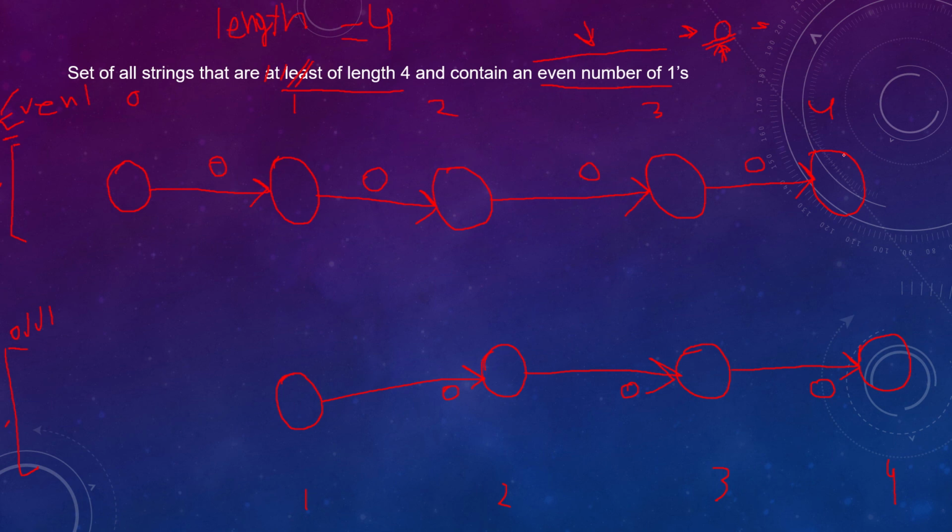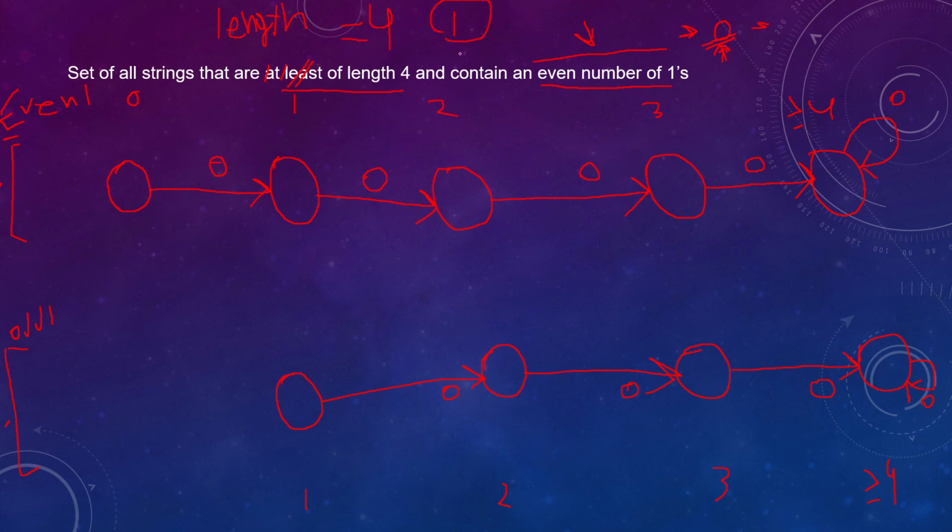So as I said that 0 increases the length, so 0 and 0 loop here. This is now greater than or equal to 4. So we are done with 0, but we can have 1 too.